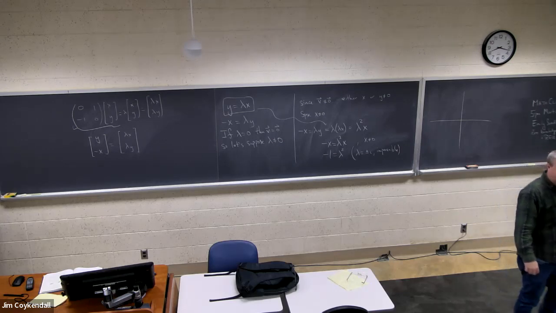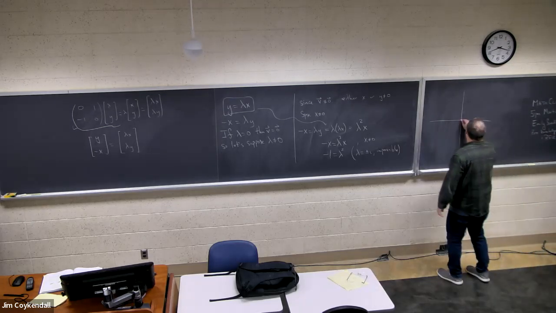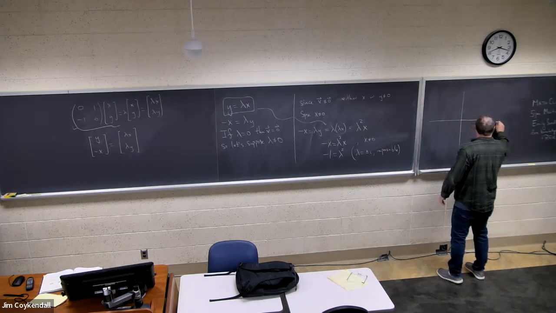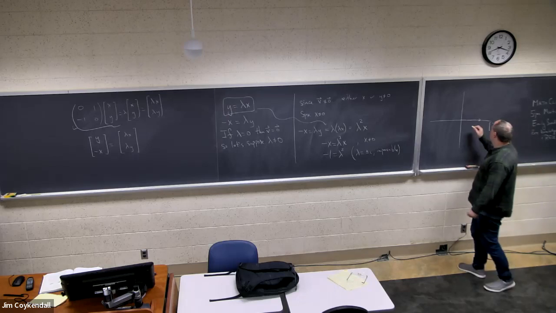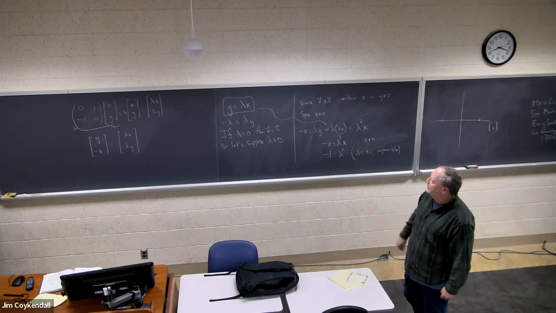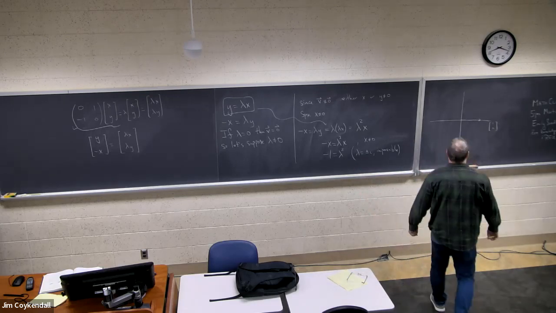Yes. This is like a 270-degree revolution. Which way are you going? Counterclockwise, 270. I don't remember. Let's see. Here's how I can remember. Where does 1, 0 go? Well, let's see, x is 1, y is 0. That goes to 0, minus 1.